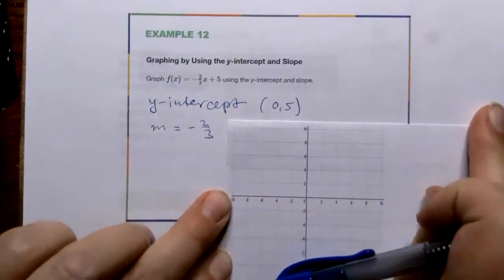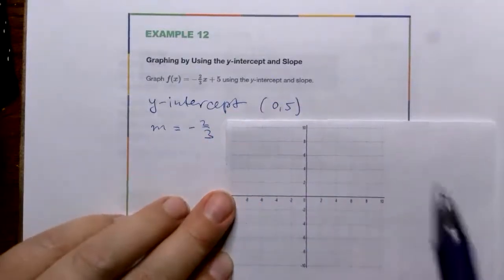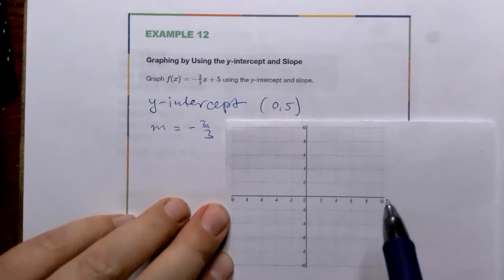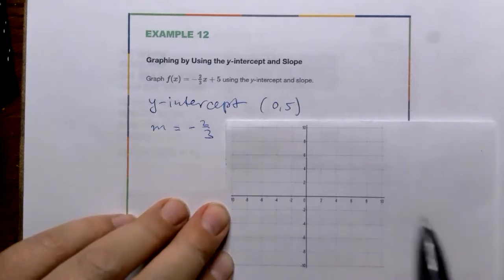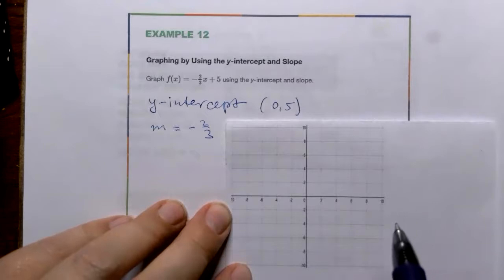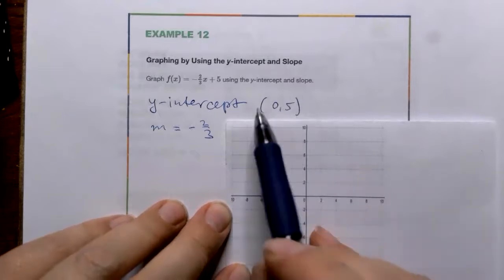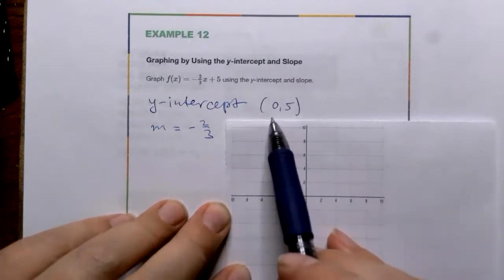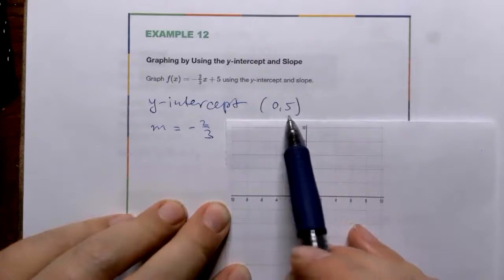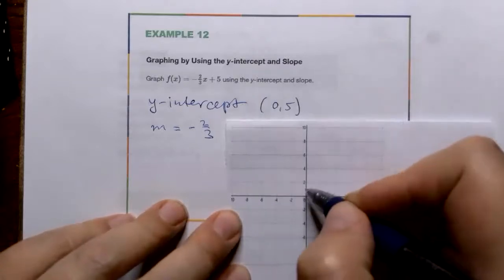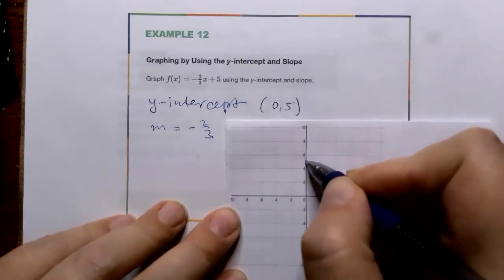First of all, you're going to start with 1 point on the line. This is very important. The first point that you start with should be on the line. And one point that we know is on the line is your y-intercept 0, 5. So you start by plotting that point.